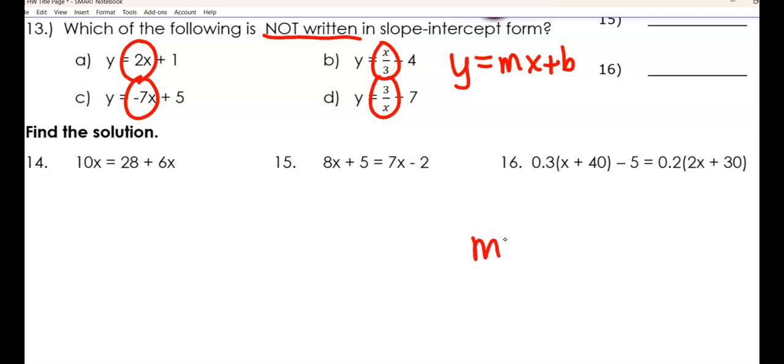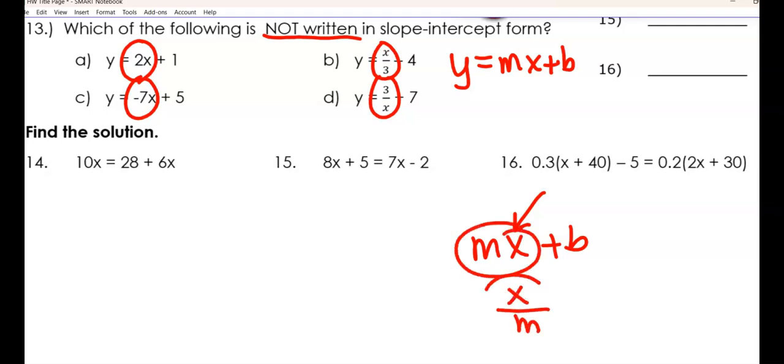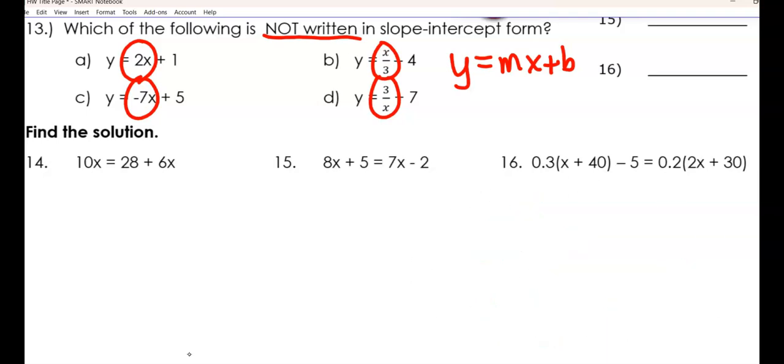You're allowed to have an x value with a coefficient to the left, like this. You're even allowed to have it in the numerator. But x is not allowed to be in the denominator. And if it's in the denominator, it's not written in slope-intercept form. So that means that the answer to this question is letter D.